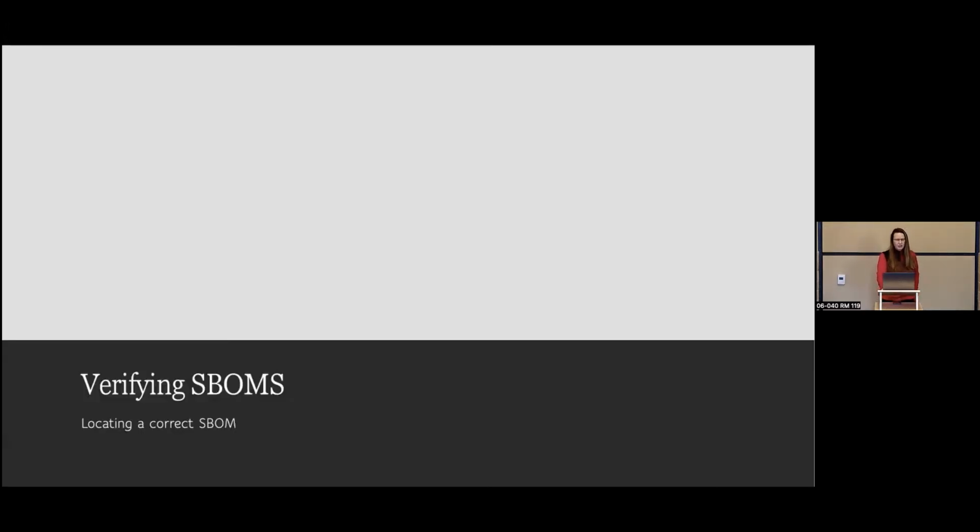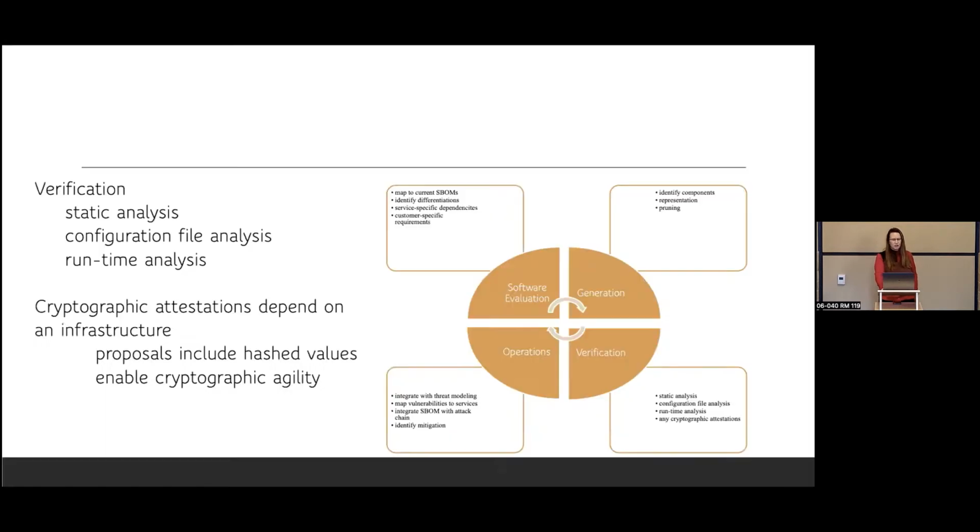So verifying SBOMs includes locating a correct SBOM, which we've talked about, but verification requires static analysis, file analysis, and runtime analysis. I will give a shout out to the developers of CycloneDX and SPDX, that they are including cryptographic attestations that have a post-quantum option.